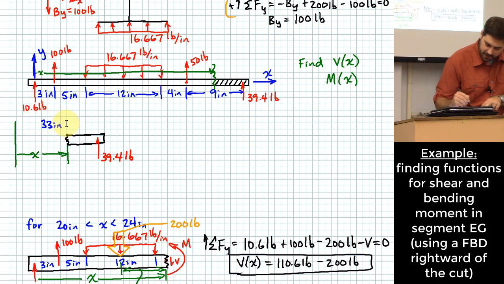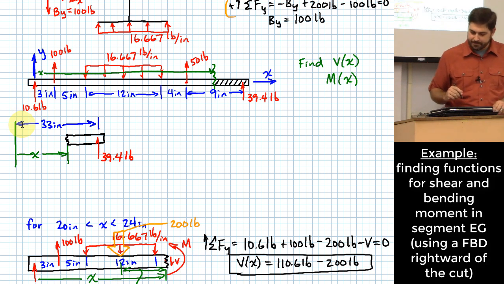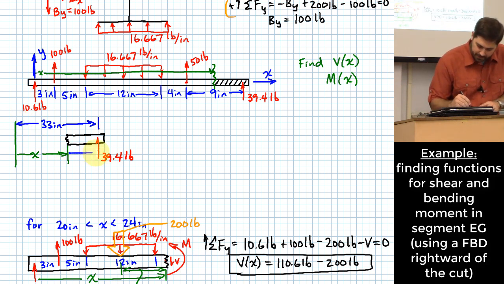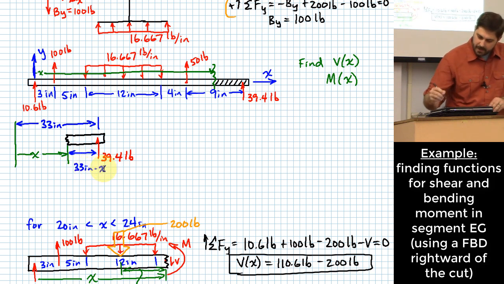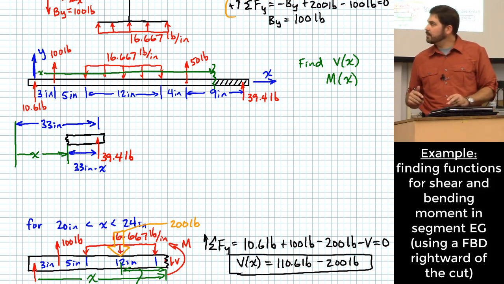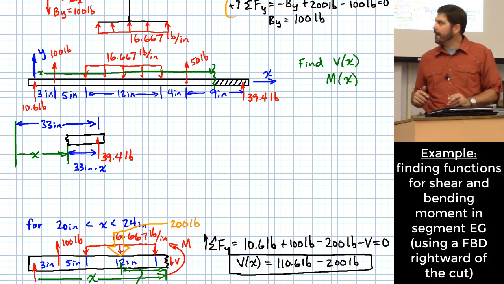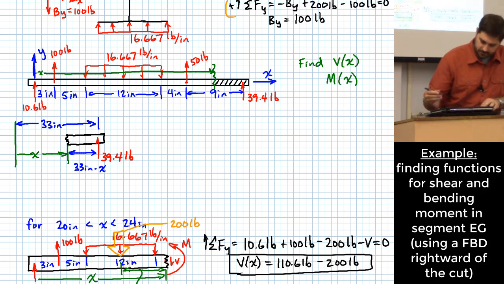Okay, I don't necessarily expect you to remember it, but it was 33 inches to that location. So what's this little length right here? 33 minus x. All right, so that's one thing that's tricky. What's the other thing that might be tricky? Okay.